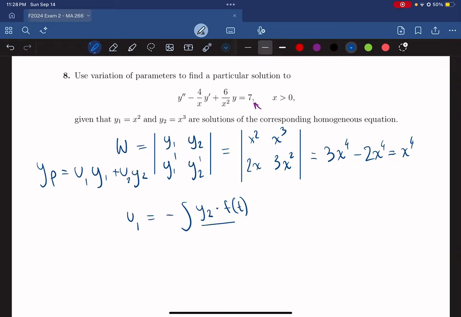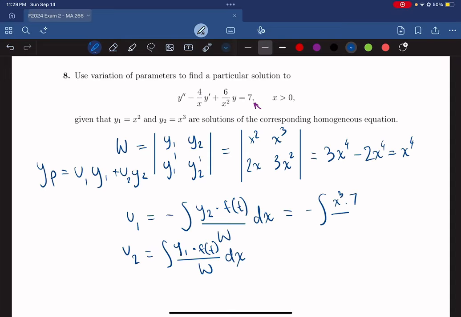So 7 over your Wronskian, and you take the integral. And for u2, it's very similar. You have y1 times your f of t over Wronskian. And so for us, it's going to be negative, and then our y2 is x to the third times 7 over x to the fourth.